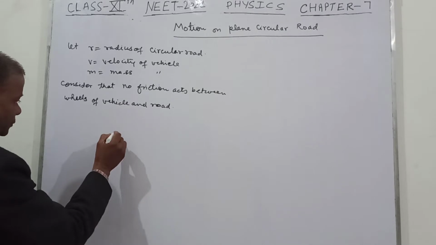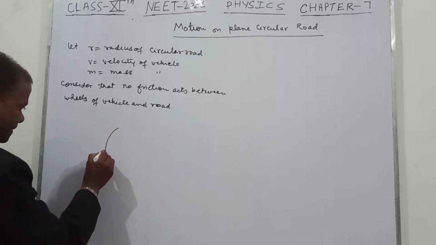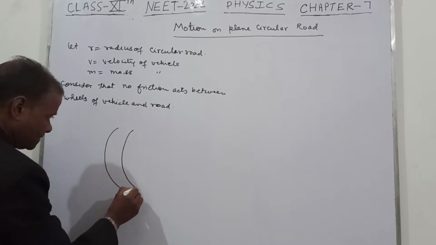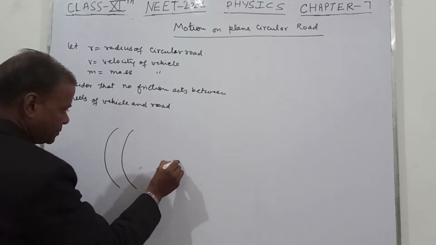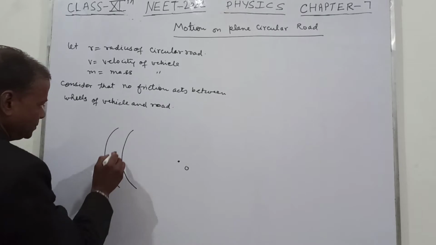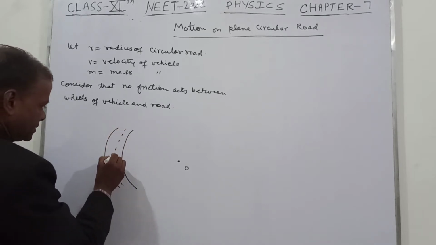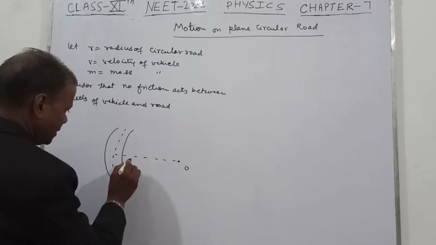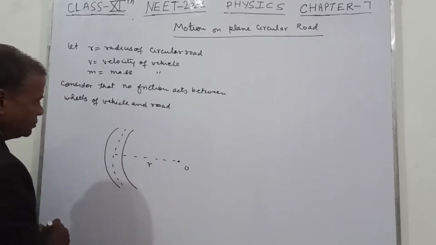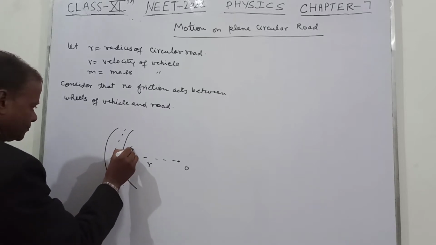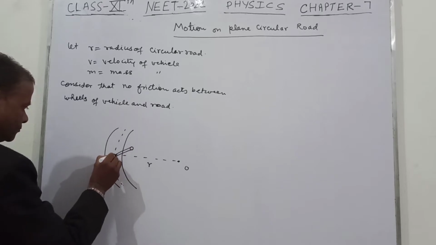So we have a circular road. Suppose this is the center and this is the radius R. This is the vehicle.